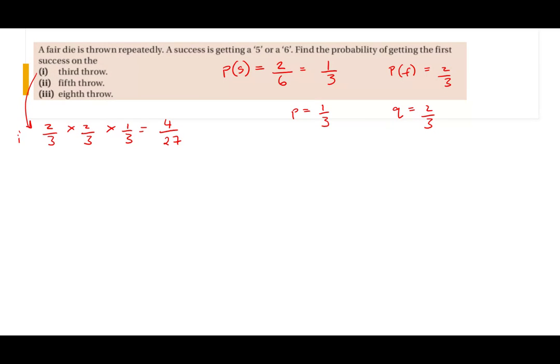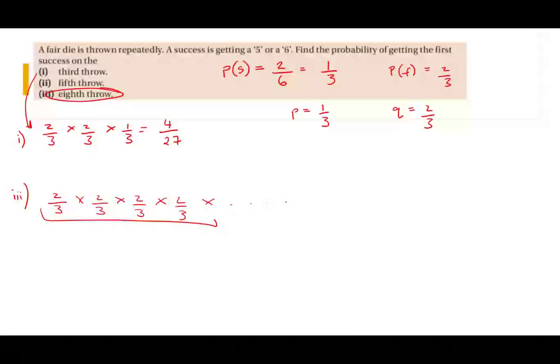The fifth throw, I'm not going to actually do the 8th throw because we get the idea, but actually I'll do the 8th one, I'll skip the 5th, so the 8th is a bit bigger. So I can go, in this case, 2/3 times 2/3 times 2/3 times 2/3, and do that 7 times. However, this is an example of where the formula tends to be used, though it's not even a formula. If I have the probability of getting a success on the 8th throw, then I've got 7 2/3s multiplied by themselves, so 2/3 to the power of 7.